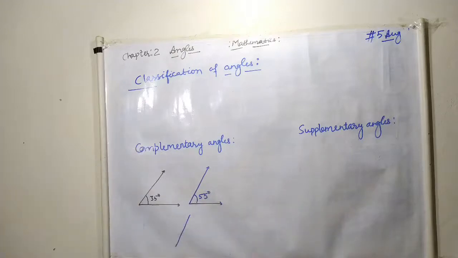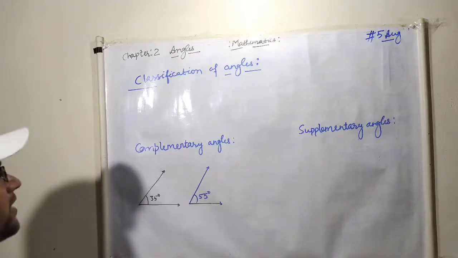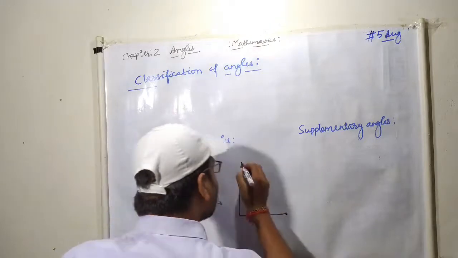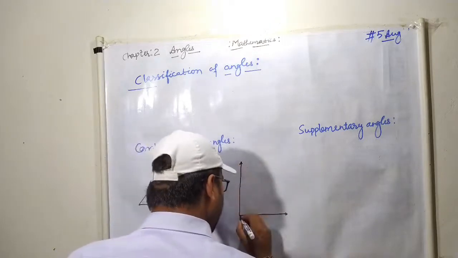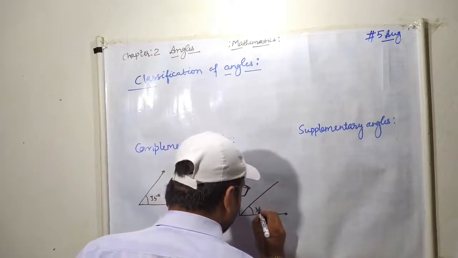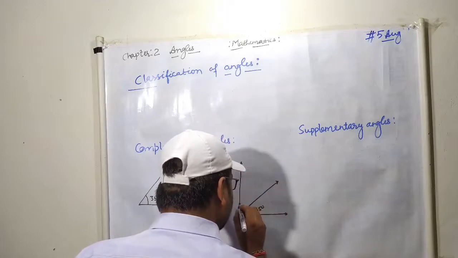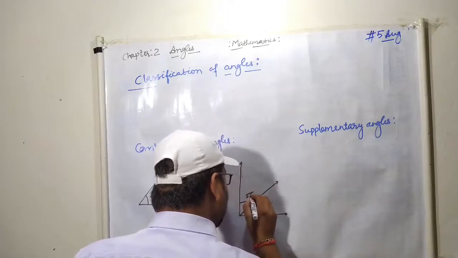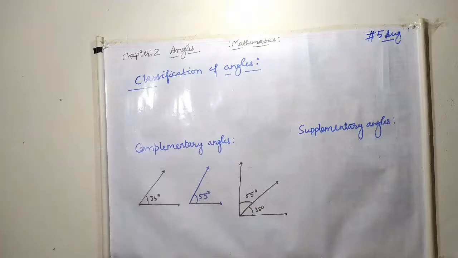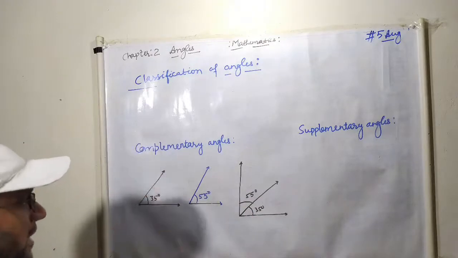If the sum of two angles is 90 degrees, then they are said to be complementary angles. This is 35 degrees and this one is 55 degrees. The sum of these two angles is 90 degrees, so they are complementary.